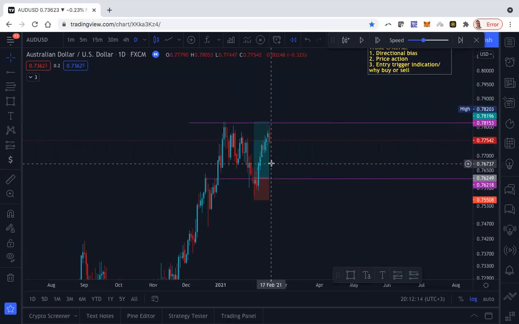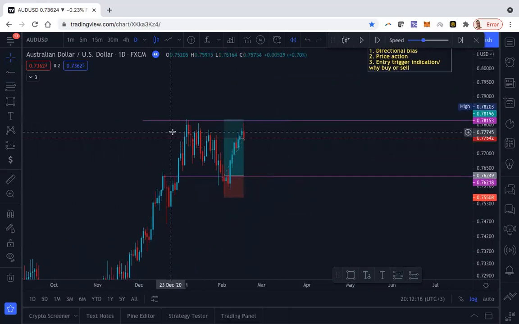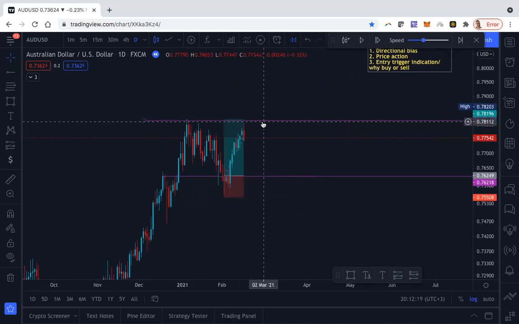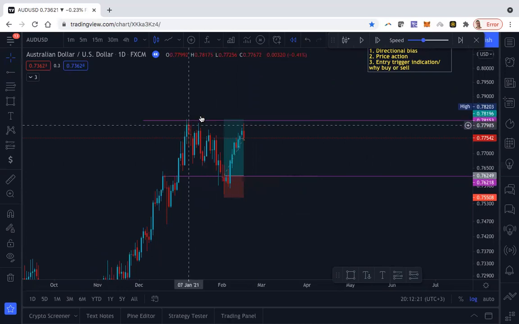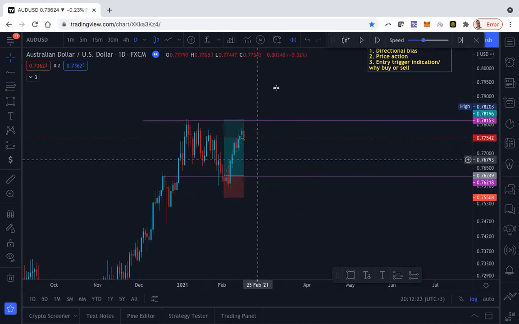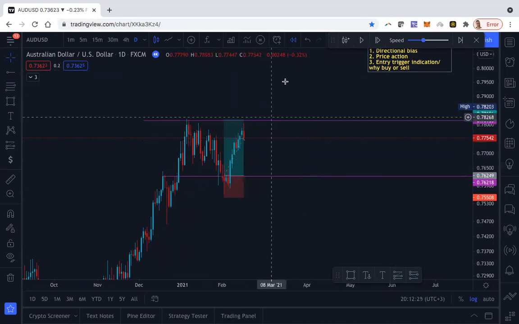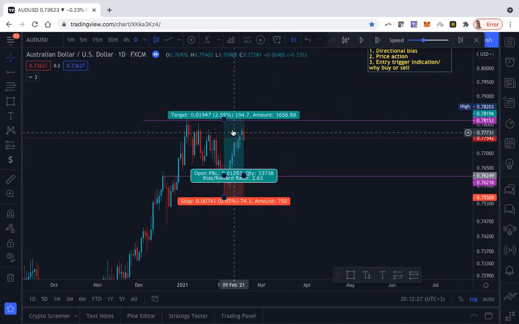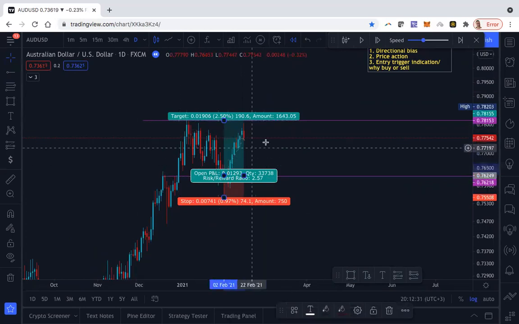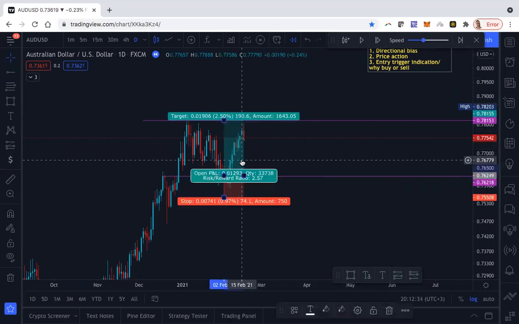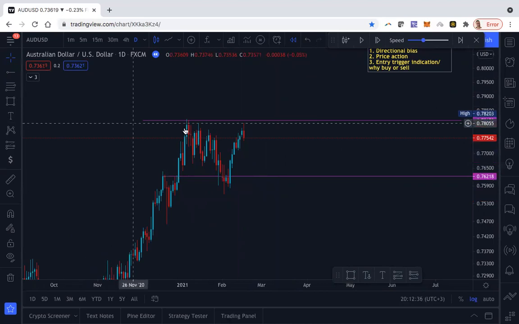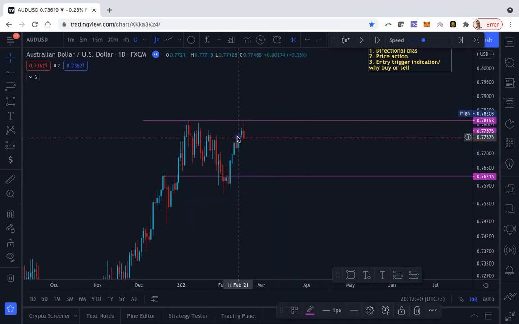Now for me, because I'm seeing rejection up here, I'm not really keen on taking any more buys. So this is why literally this was a good exit. That being said, I'm now looking to see, okay, fine. What I'm seeing right now is some price action.